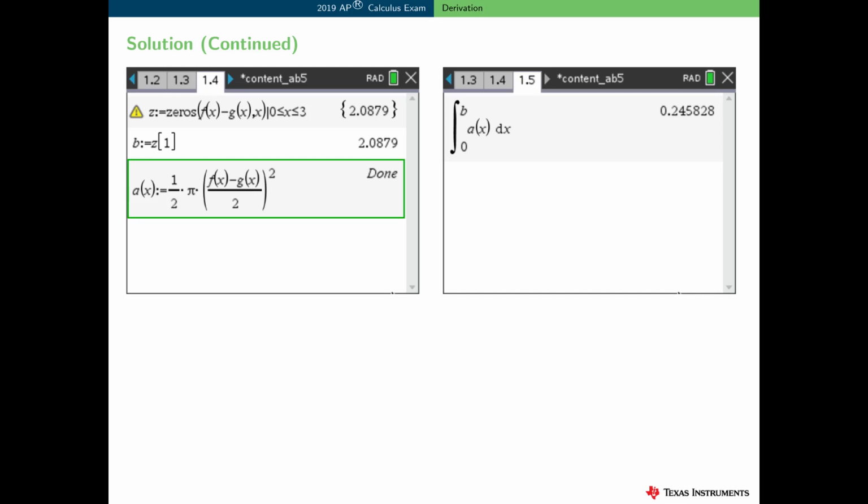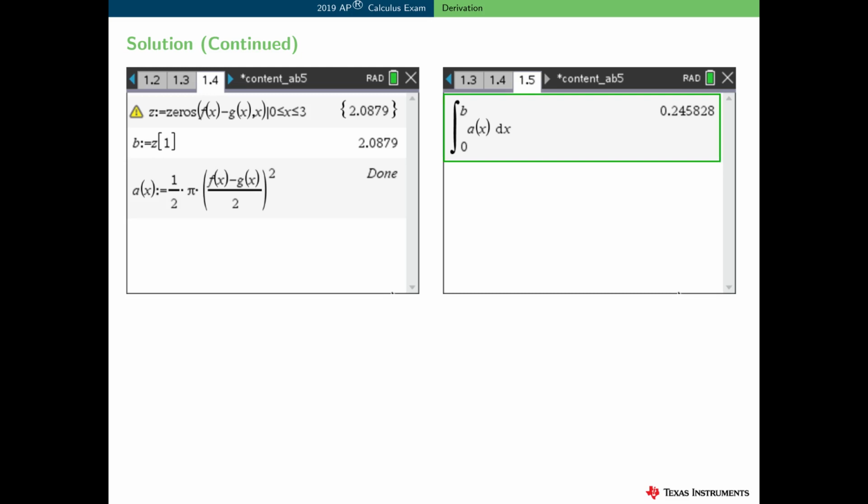The radius of the semicircle is f(x) minus g(x), that quantity, divided by 2. So the area of the semicircle is pi times this radius squared times 1/2. Then I just need to find the definite integral of A(x) dx from 0 to b. And the volume of the solid S is approximately 0.246.